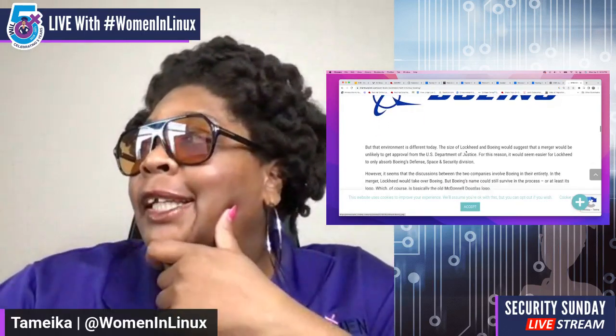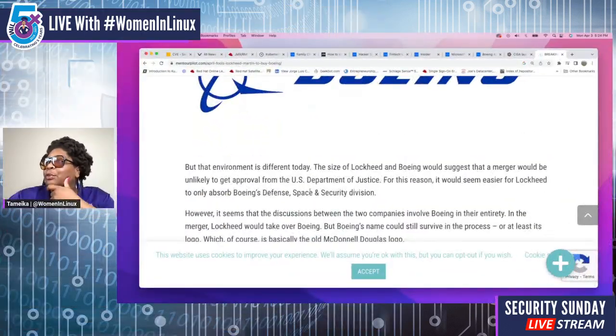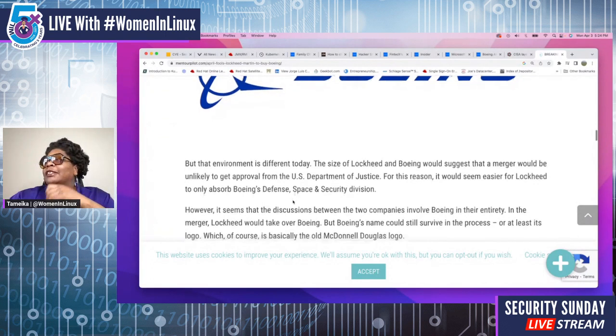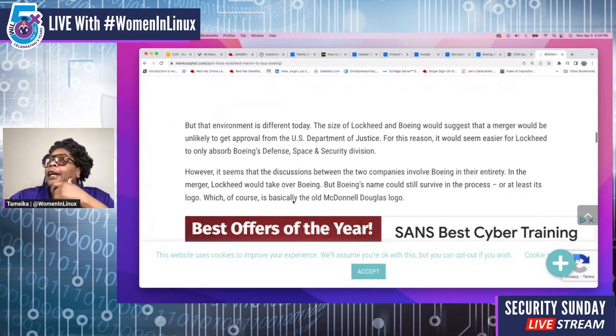The size of Lockheed and Boeing would suggest that a merger would be unlikely to get approval by the U.S. Department of Justice, for the reason it would seem easier for Lockheed to only absorb Boeing's defense, space, and security division. However, it seems that discussions between the two companies involve Boeing in its entirety.